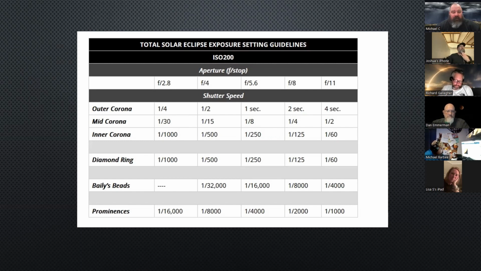So you can see when we're at the full eclipse, you may need a second exposure to get some of the outer lighter corona, which is that atmosphere that we saw earlier, that kind of white wispiness around the eclipse. And you can see on this chart the variation in the shutter speeds to get those. Same thing for the diamond ring.